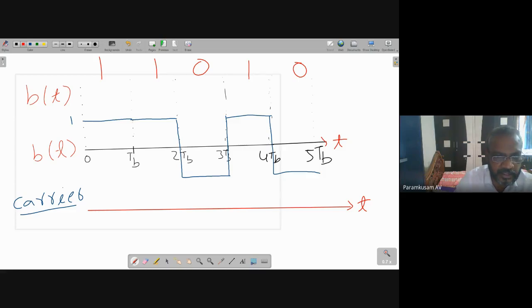Here I draw the carrier signal. The frequency of the carrier is very high. Assume that the amplitudes are same.